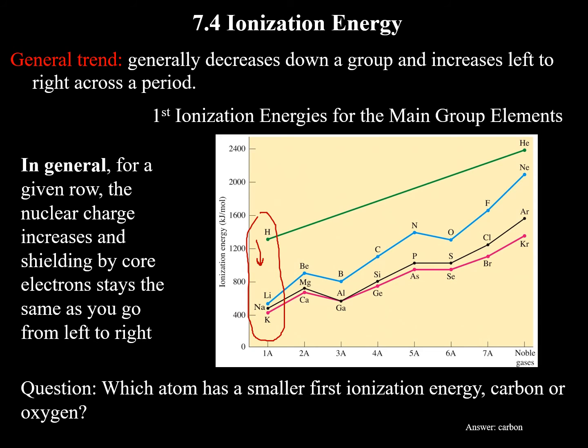We said here, as you go down, the amount of protons does increase. However, we have the valence electrons being further away from the nucleus. So even though you have more protons, you have the shielding electrons, which inhibits some of that energy from the nucleus being felt. It's actually easier to remove the electron as you're further away from the nucleus.